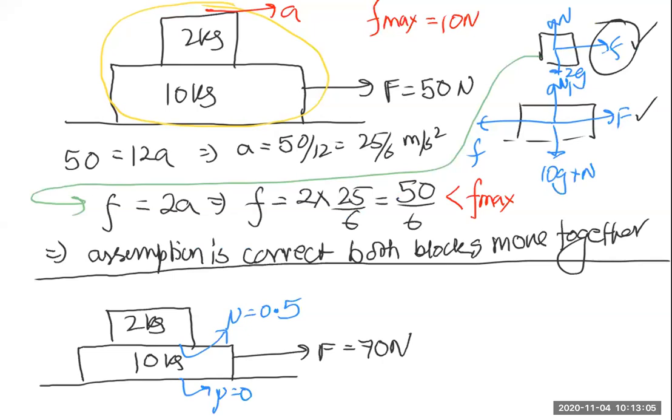Yes, absolutely right. अब अगर हम इस कंक्लूजन पे पहुंच गए हैं, if we are at the conclusion that they are moving separately, then we must find the separate accelerations.